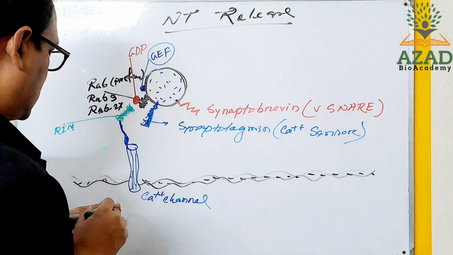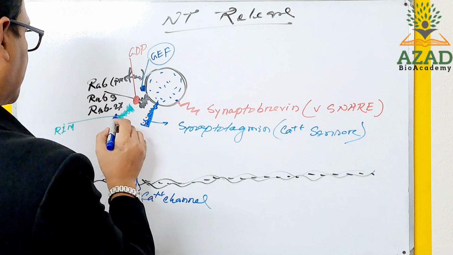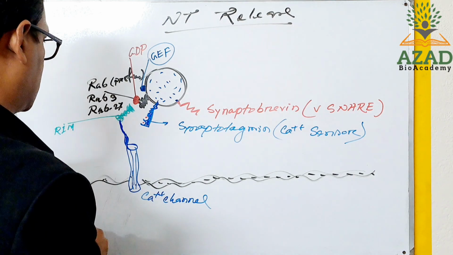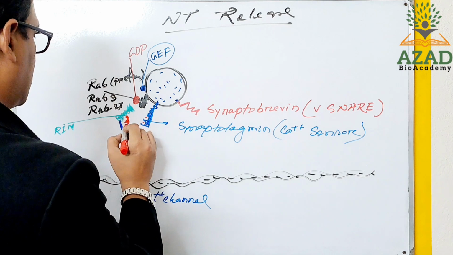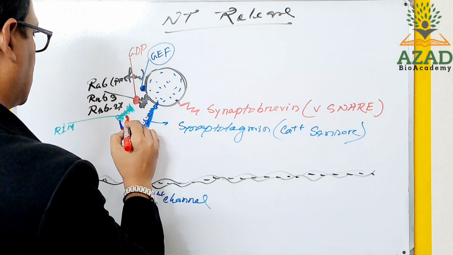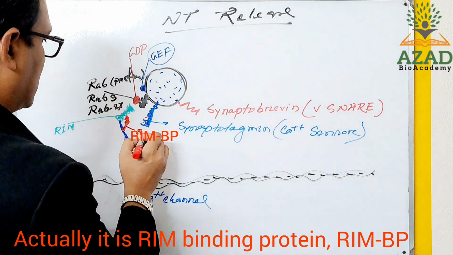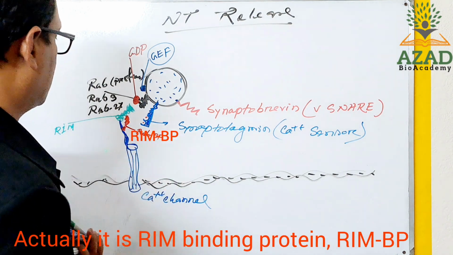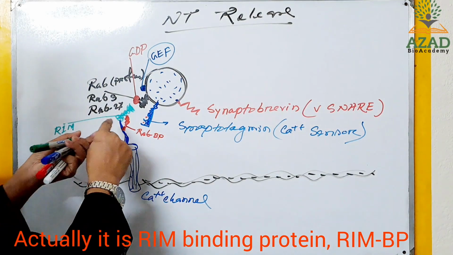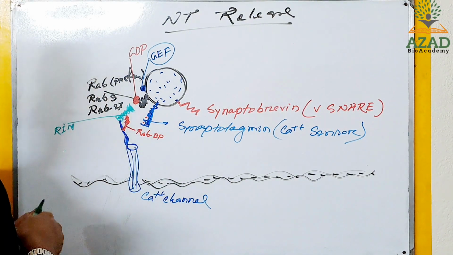Okay, so here another protein is attached, I can just attach here. This is the RIM binding protein. That is also attached with the calcium channel protein and RIM protein.